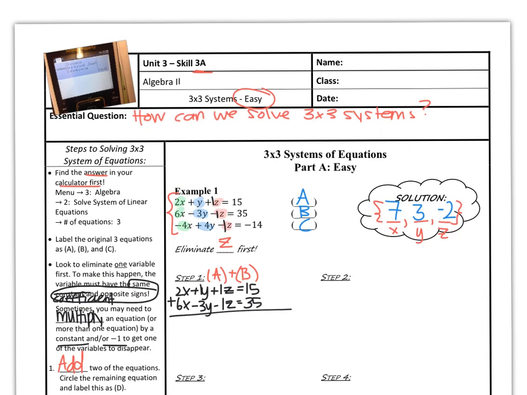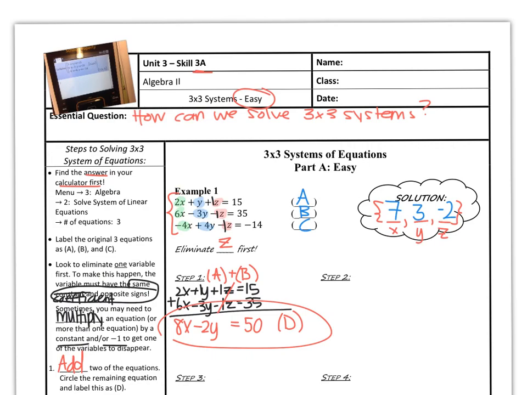Okay, so adding straight down, we get 8x. 1 minus 3 is negative 2y. The z's cancel, so that's a great thing. 1, take away 1. And then these numbers off to the side sum to 50. And now we're going to call this equation D. So I'm going to circle this. We're going to come back to it in just a minute.